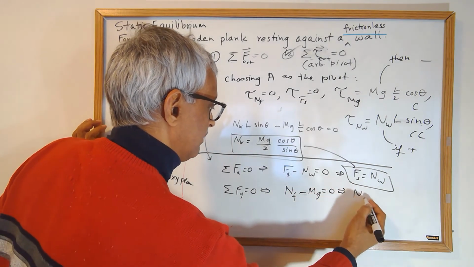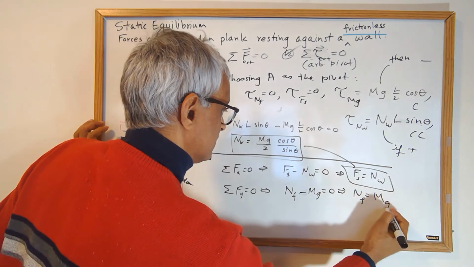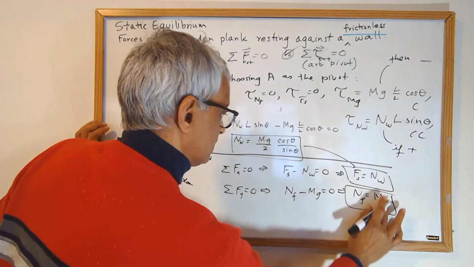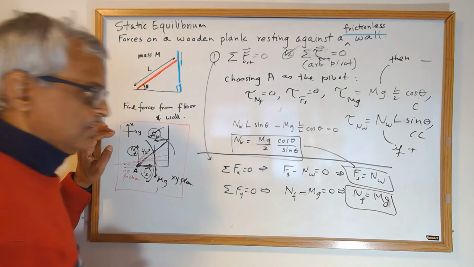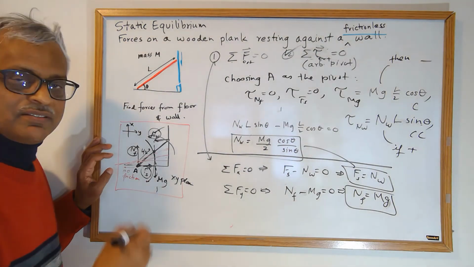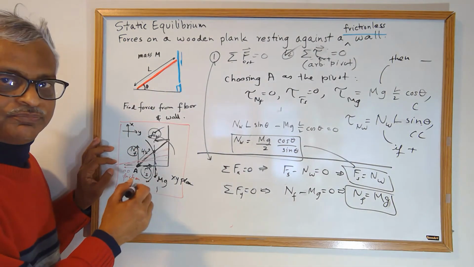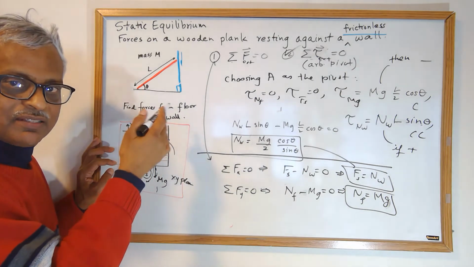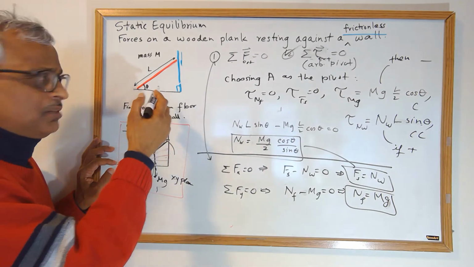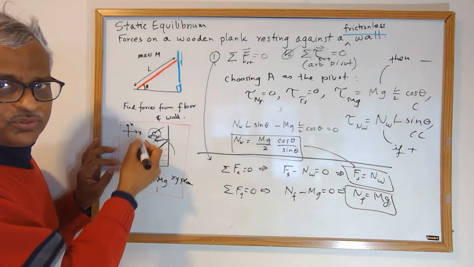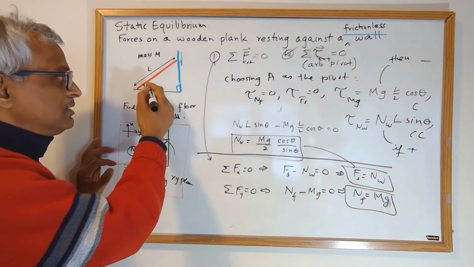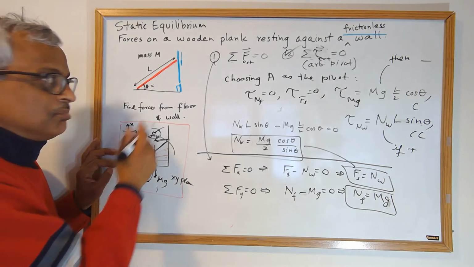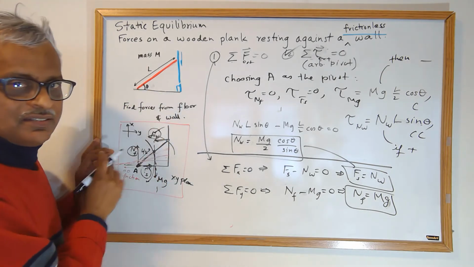Thus Nf has to be mg, m times g. Okay, that completes the example. You can work out another problem just like this. You can give yourself a problem with some particular values of mass and theta, something like that. So maybe try theta equals 60 degrees.